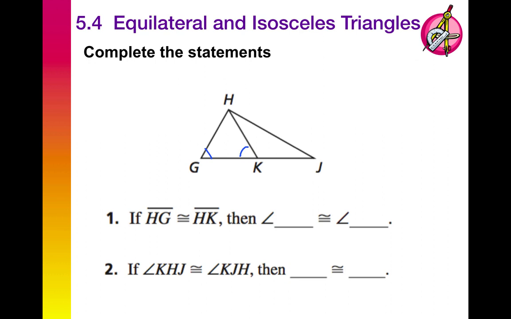If angle KHJ is congruent to KJH, that means that these two angles are congruent. Then that means that we're going to have congruent sides. And the two congruent sides are going to be KJ and KH. They're going to be congruent sides.